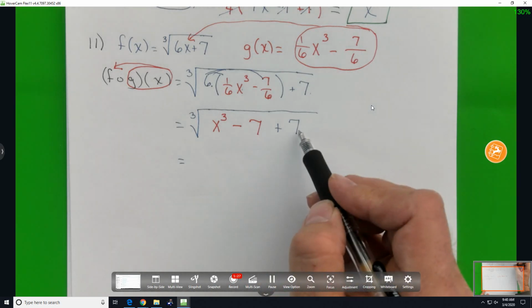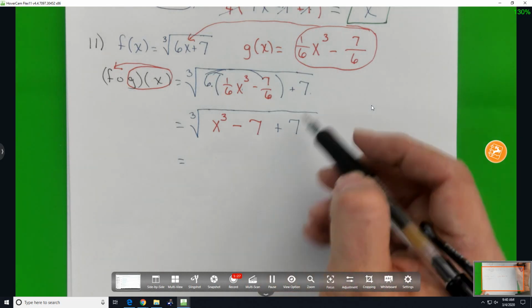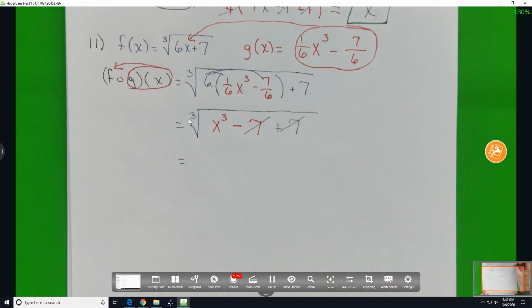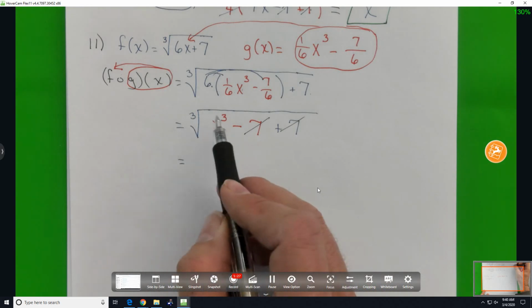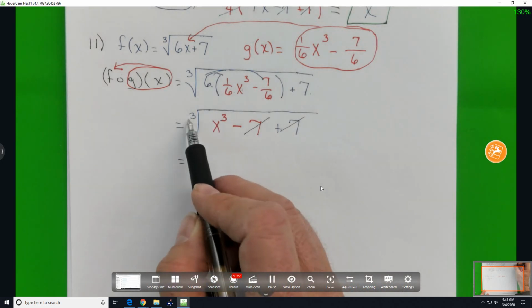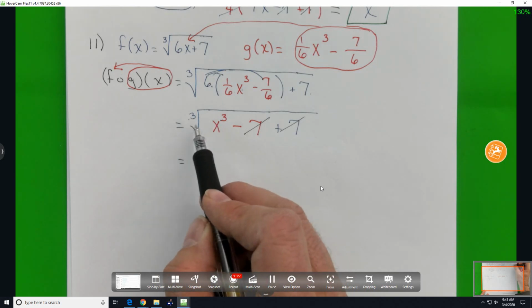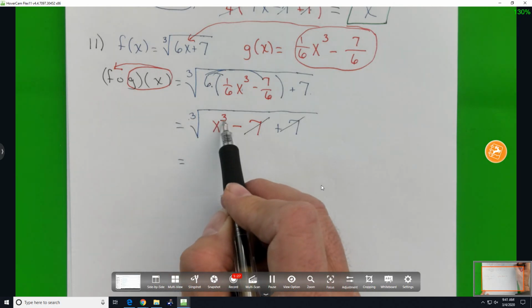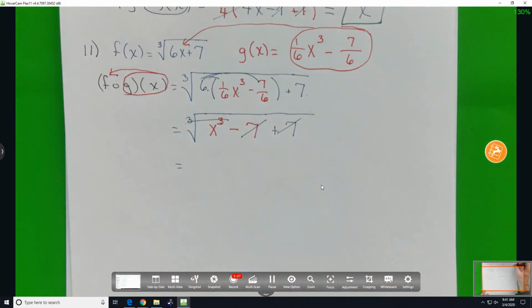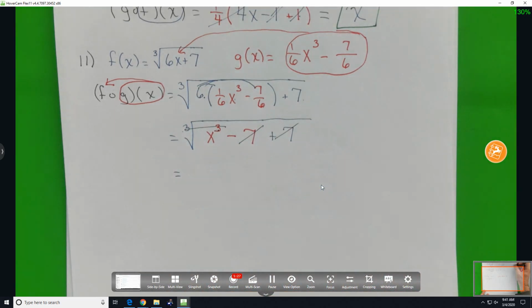Negative 7 plus 7, that's 0, so those subtract out. Something else is going to cancel, something that we did, oh gosh, second week of the semester, I think. It's about a cube root and a cube. Just like a square root and a square cancel out, a cube root and a cube, will those cancel? Mm-hmm. Leaving us just that red x as the answer.